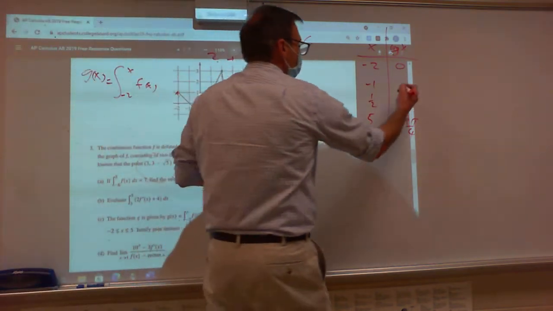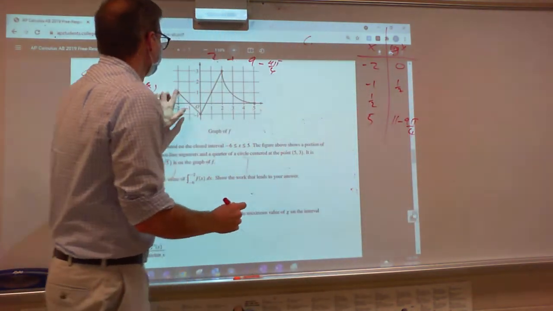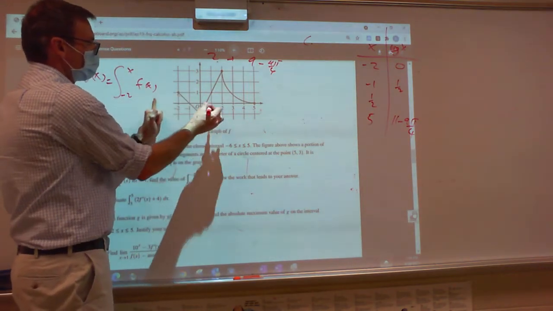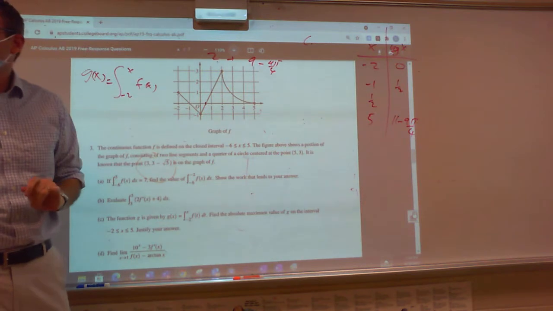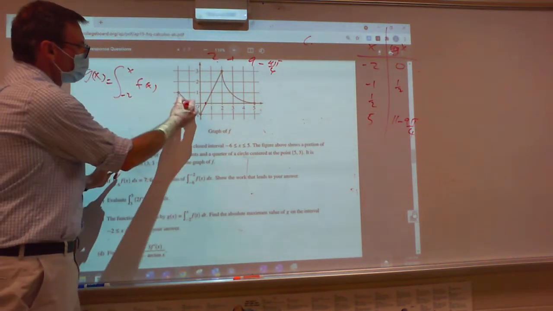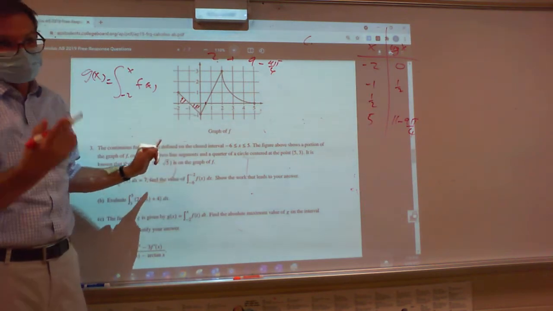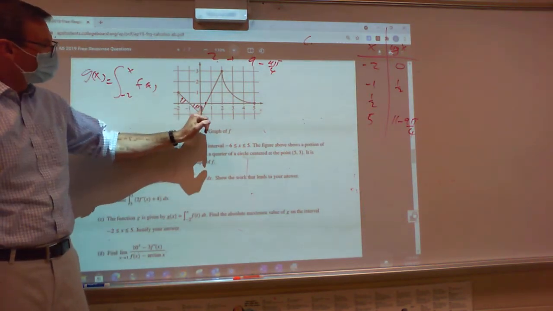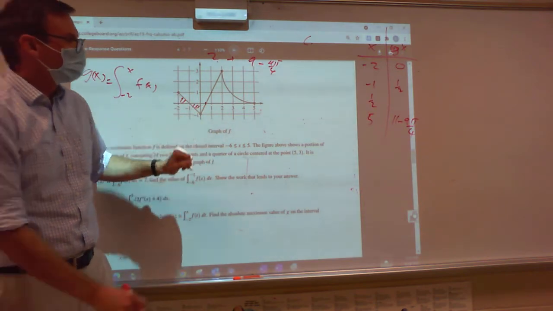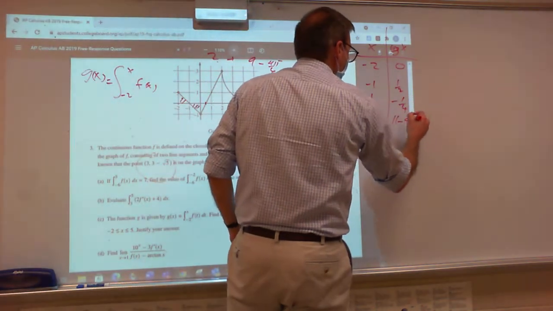That's 1/2. And then I need to know what's my cumulative area from here to here. Because these areas cancel, actually, I think it's negative 1/4, right? Yeah. Are we okay? That's negative 1/4.